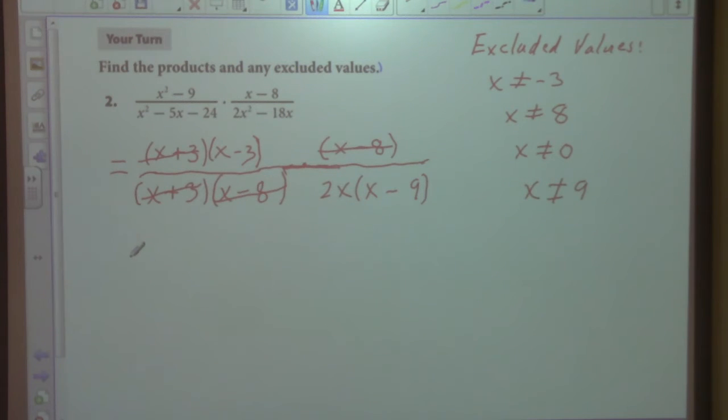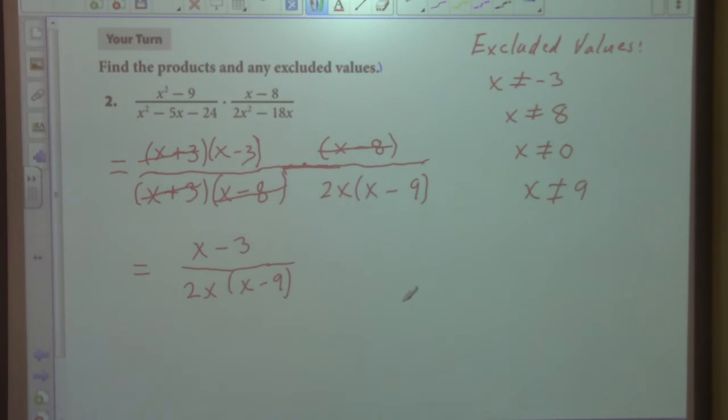Okay, let's put the final form here. We have left x minus 3 over 2x times x minus 9, and x cannot equal all of these things.